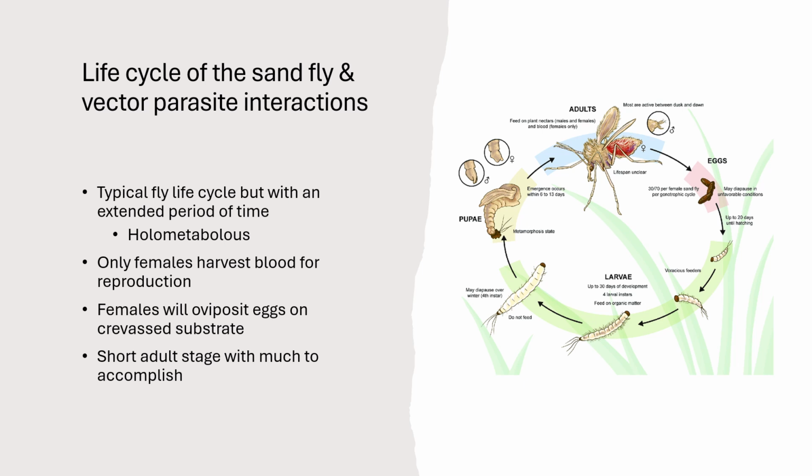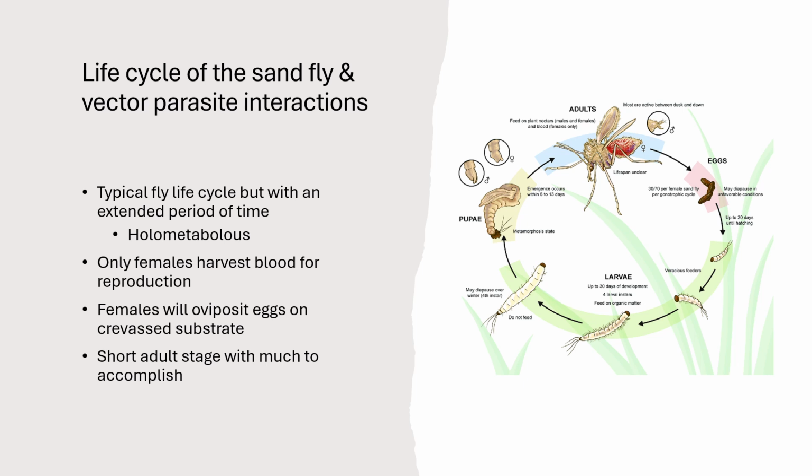Essentially, the female will take a blood meal, and she will use this to help lay her eggs, as it provides the necessary nutrients for egg development. The female typically deposits between 30 to 70 eggs in a suitable environment.